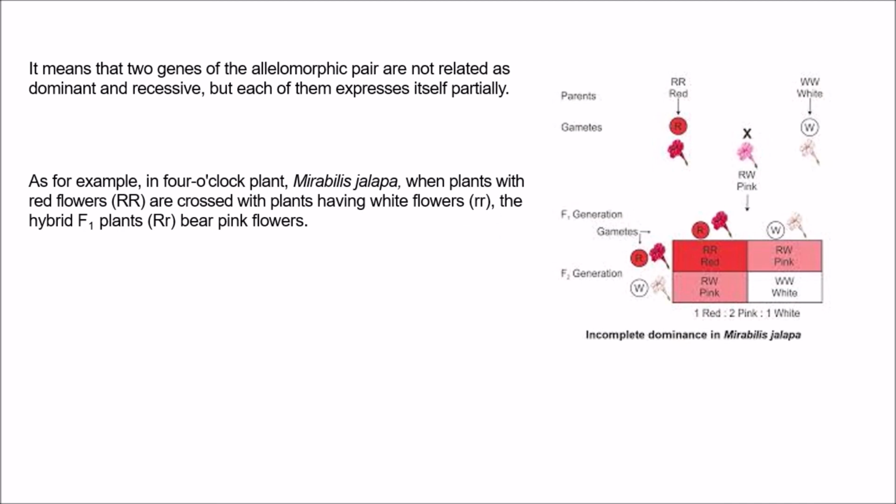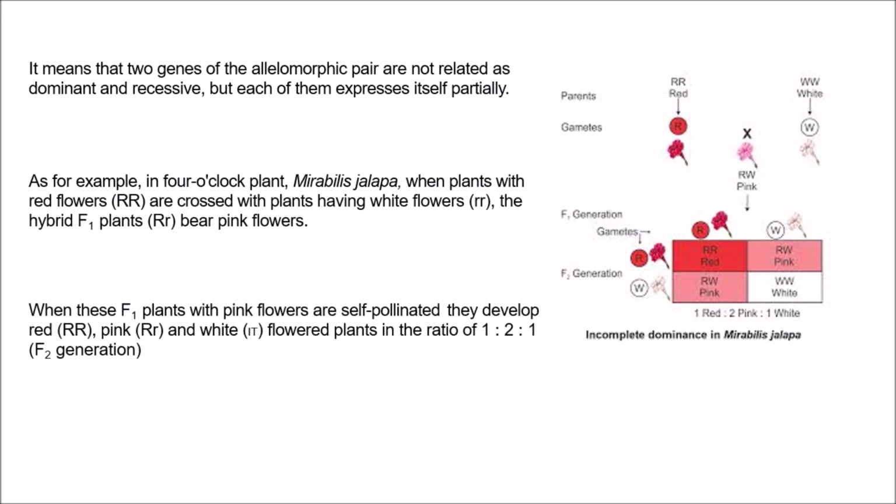As an example, take the 4 o'clock plant, with the scientific name Mirabilis jalapa. When plants with red flowers are crossed with plants having white flowers, the hybrids bear pink flowers. So here they took two varieties, red and white. In the F1, it should have been either red or white, but it produced pink colored flowers.